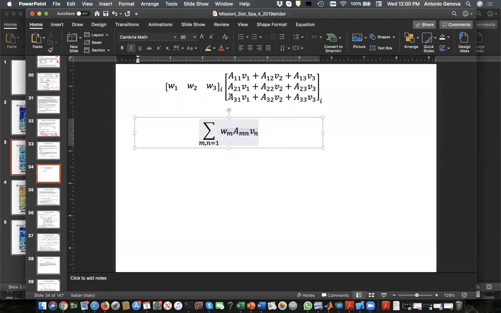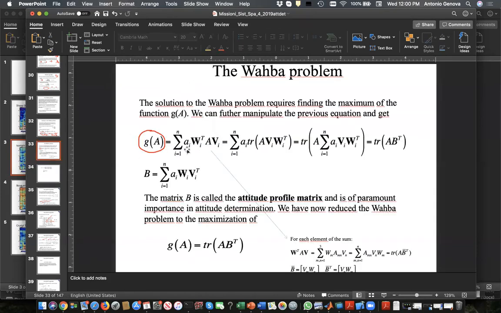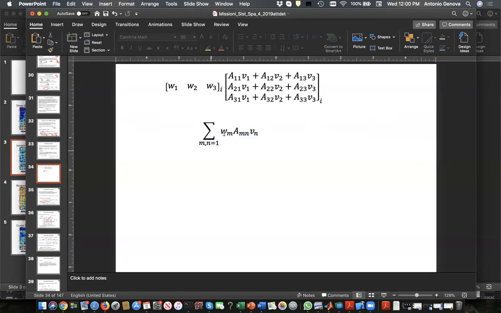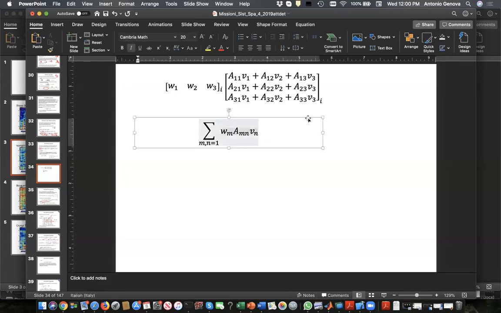So that's basically the same expression written in this form here, element by element. That is for each observation, so there is another sum on top of that. But this simple expression can indeed be written differently.